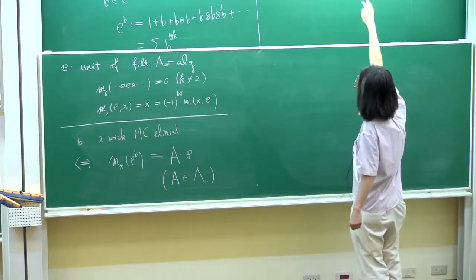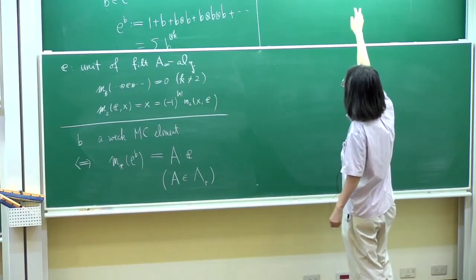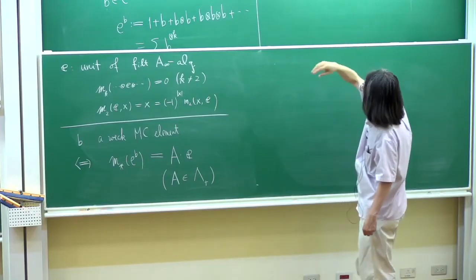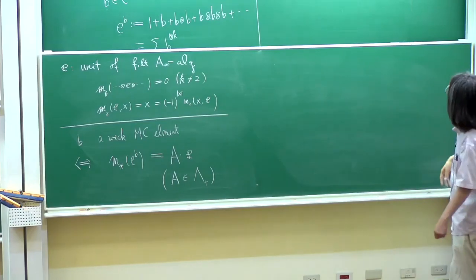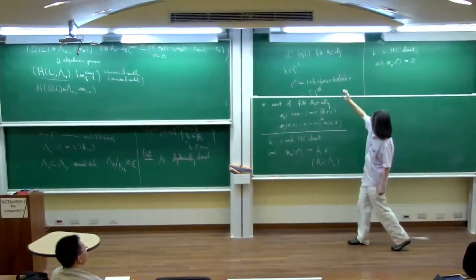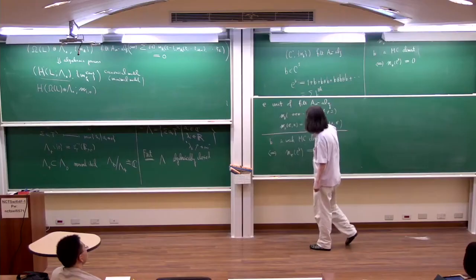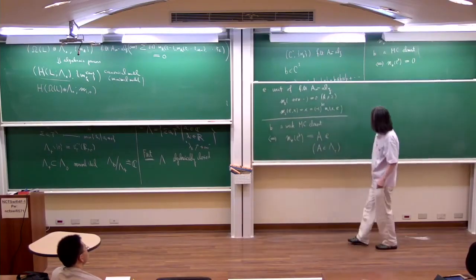And then this infinite sum always makes sense. Later, after the idea by Cho, actually we can also consider the constant term. Maybe I may explain that later.